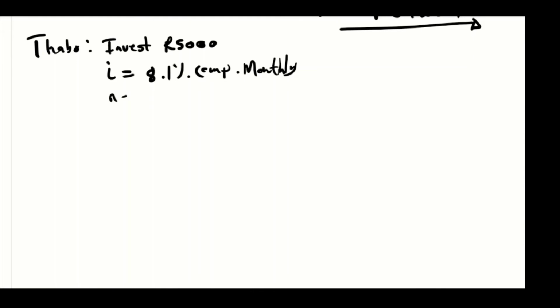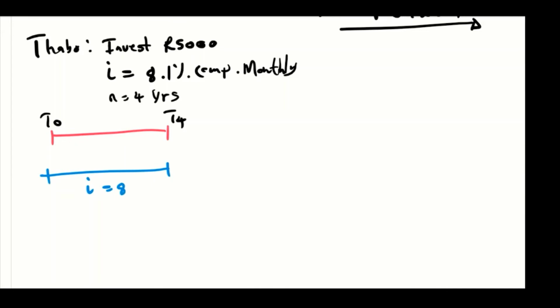N is equal to 4 years. So we have his timeline looking like this: T0 to T4, the interest rate is 8.1% compounded monthly, and the investment of 5,000 was made for a period of 4 years.